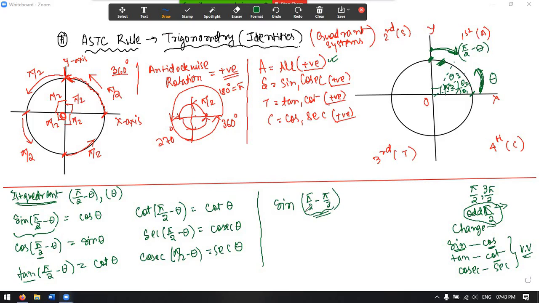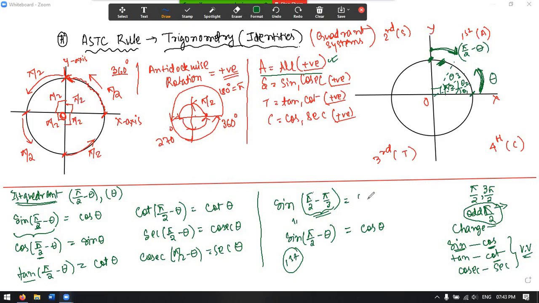This is equivalent to sine of pi by 2 minus theta. It's in the first quadrant, and in the first quadrant we know all of the trigonometric ratios are positive. That means only sine will change to cos.